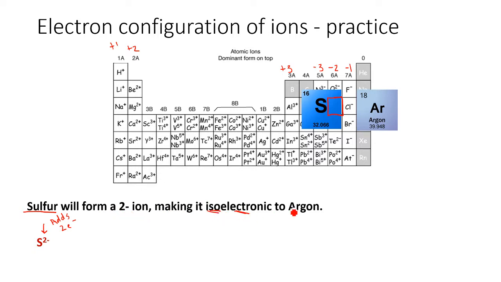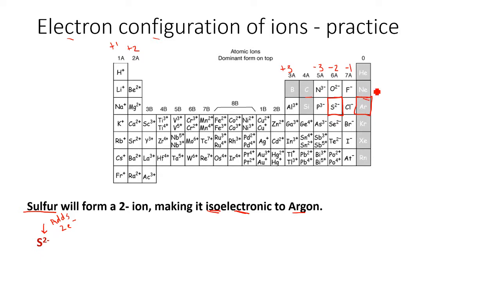with the same electrons as argon. Now, if I want to write its electron configuration, I can just think about writing sulfur's electron configuration as I would write argon's electron configuration, right? Because I'm suggesting that they have the same number of electrons. So if I'm trying to write argon's electron configuration, I could just start in my abbreviated form.